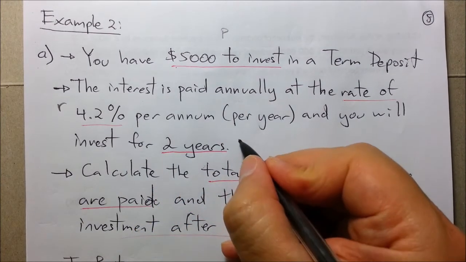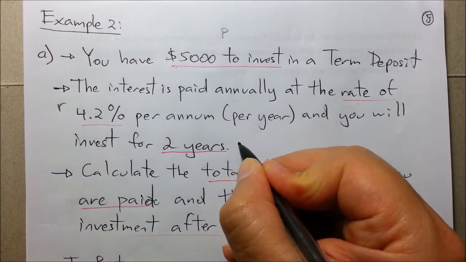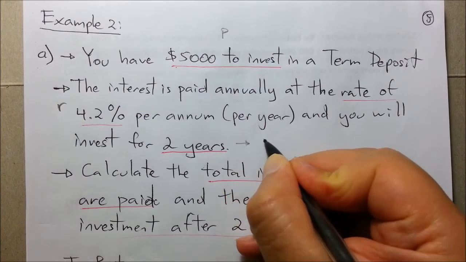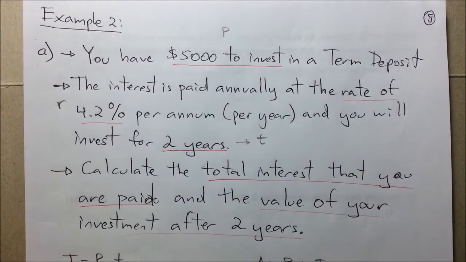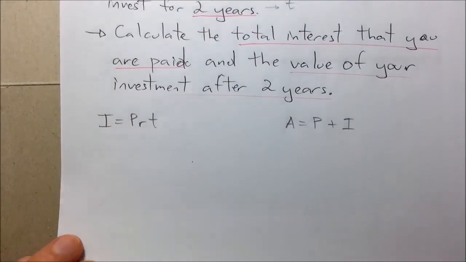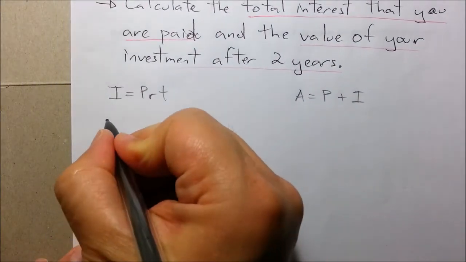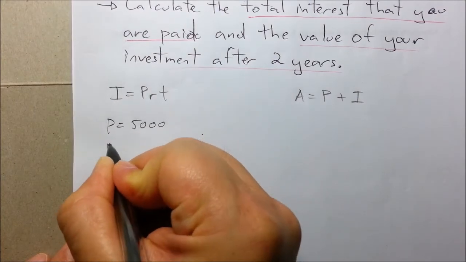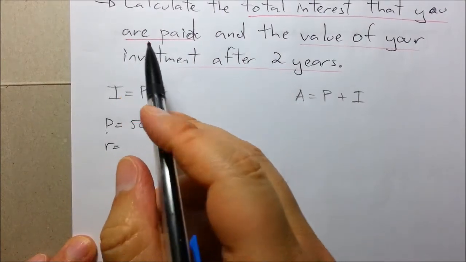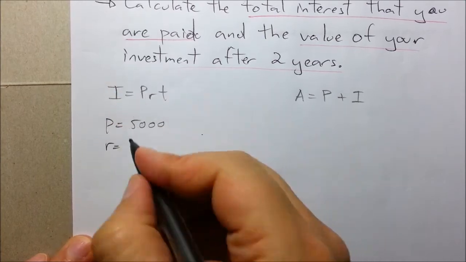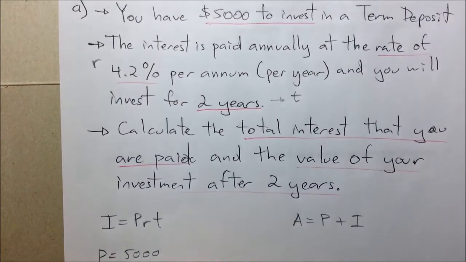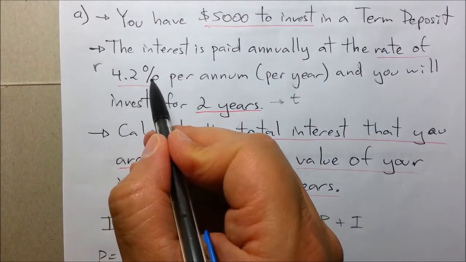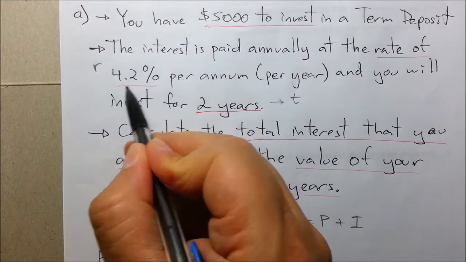And this is our T value. Okay, so let's collect our data here. P is going to be equal to $5,000. R is going to be equal to 4.2%. But instead of writing 4.2%, we need to turn the percentage into a decimal.